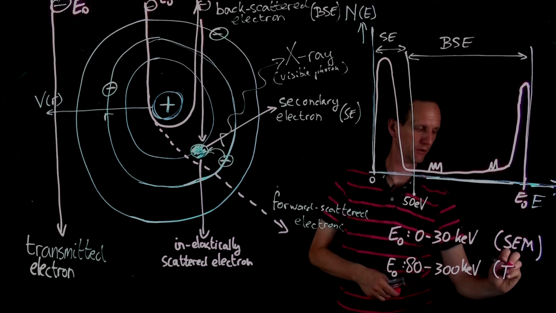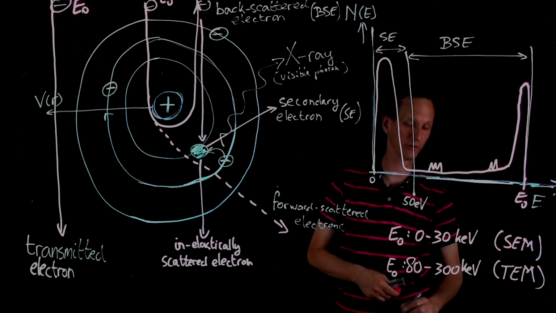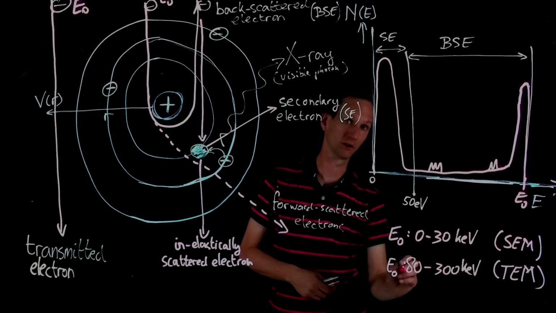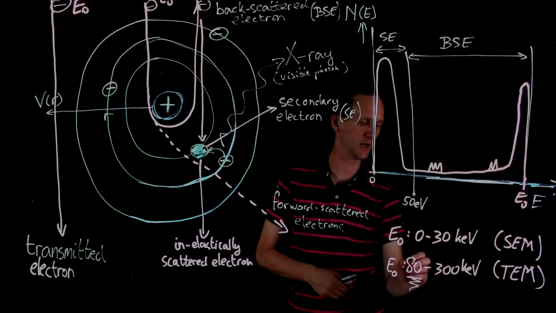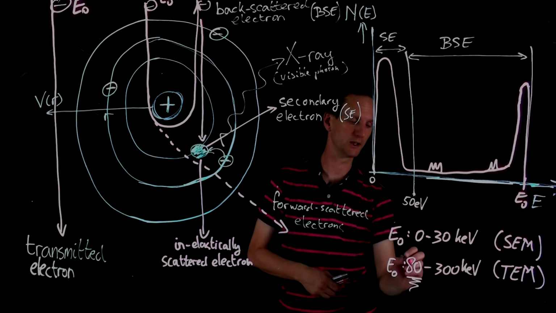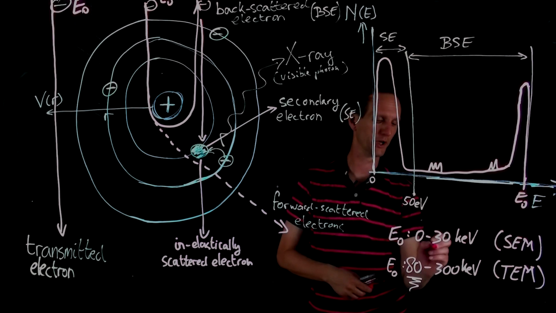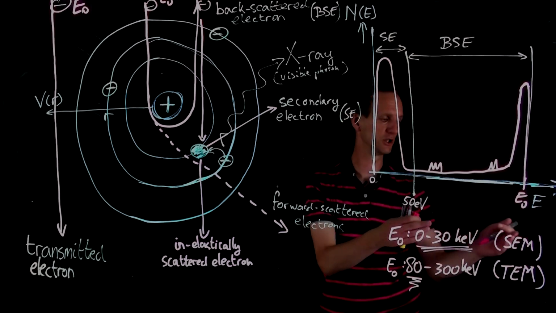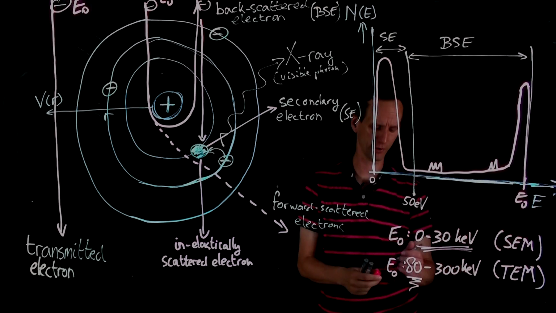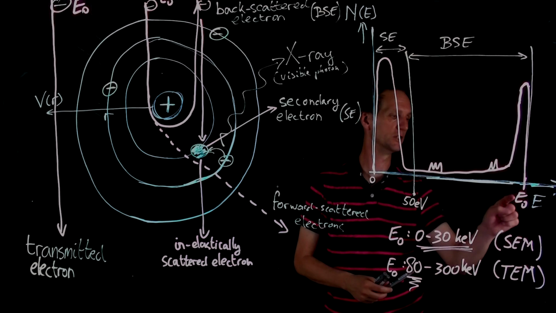So this is the realm of transmission electron microscopy, or TEM. Note that recently there's quite some research going on into low energy TEM, which is the 80 kV, but actually people are also trying to push this lower and lower. The important thing is to note 0 to 30 kilo electron volt, the low energy regime, is SEM, 80 to 300 kV is TEM. And so this determines this value of the E0 here.